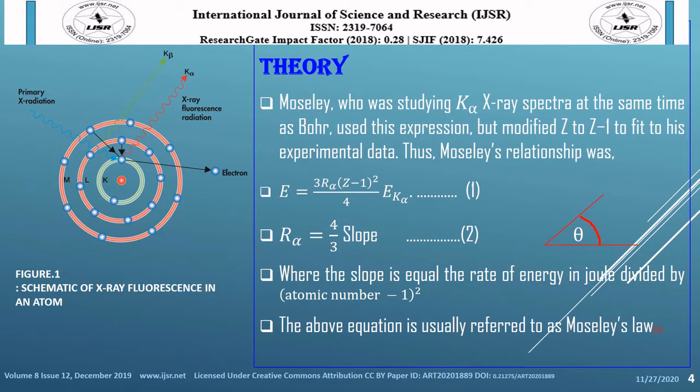From this equation 1 we can find that R alpha equal 4 divided by 3 slope, where the slope is equal to the ratio of the energy in joule divided by bracket atomic number minus 1 square. The above equation is usually referred to as Moseley's law.